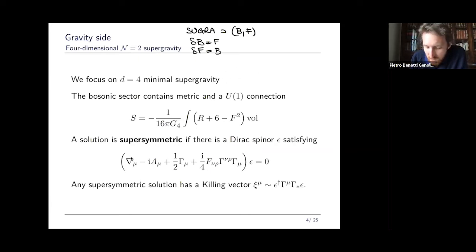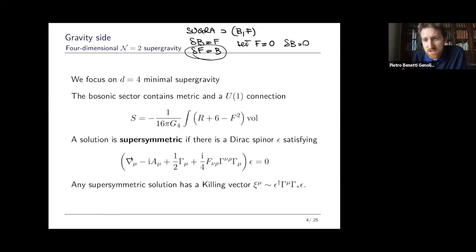Now, when I consider supersymmetric classical solutions, it means that I set the fermionic fields to 0. When I set the fermionic fields to 0, this implies from these that the bosons don't vary under supersymmetry. So the solution is obviously supersymmetric, provided that these fermionic variations are just vanishing.